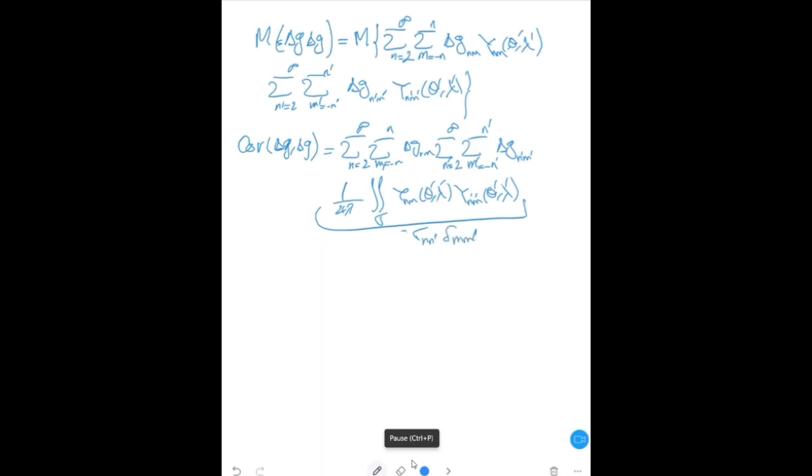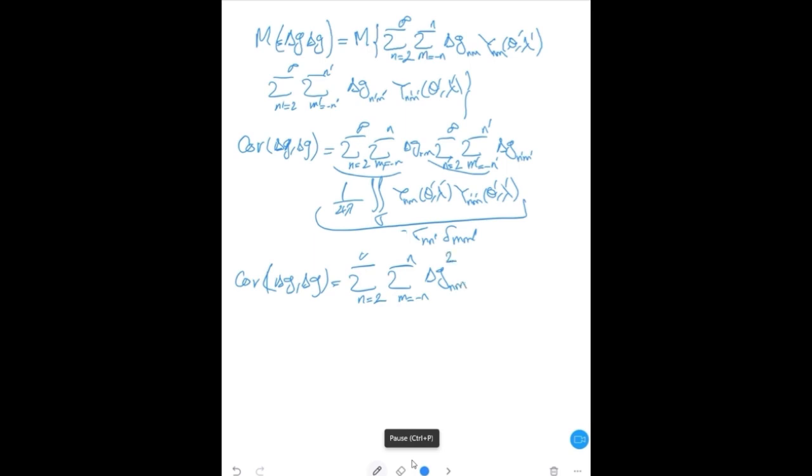This is the orthogonality property of the spherical harmonics. And as you see, the Kronecker delta means that when n and n prime are equal, it will be 1. And when m and m prime are equal, it will be 1 again. So this formula will be simplified to the following one.